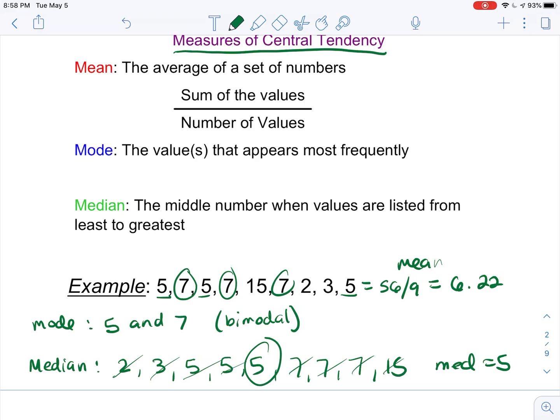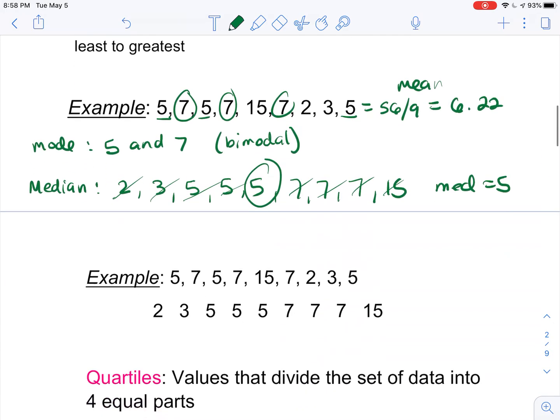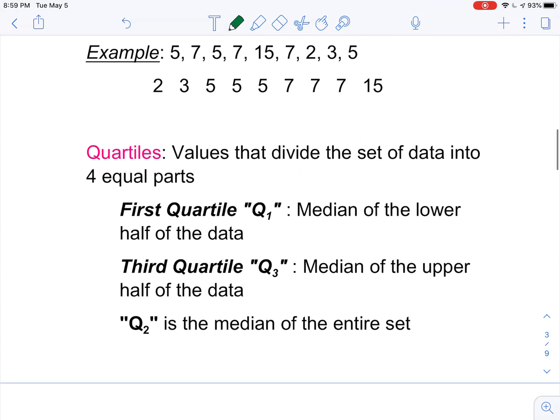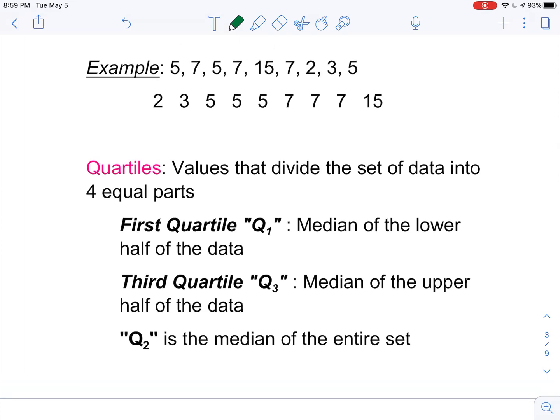So my median is equal to 5. If I were to have an even set of numbers and there was no true middle, we would have to find the average of the middle two numbers to find the median of our set.